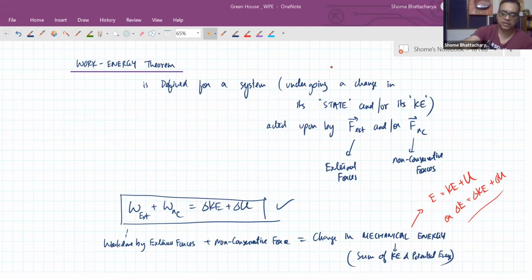It will take some time to complete all the questions and discuss the various applications, but this is the last additional theory part. Of course, we have to discuss a little bit about power also, but that's a small thing. The conceptual part is done. We still have to put in a few lectures for the applications and discussion of that.